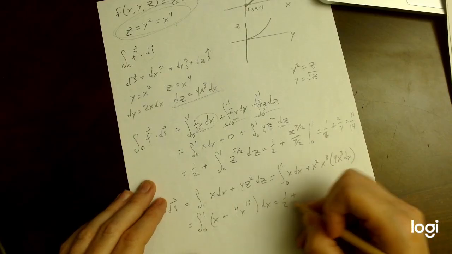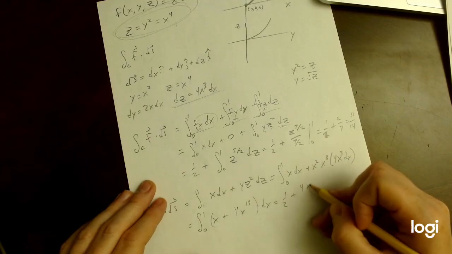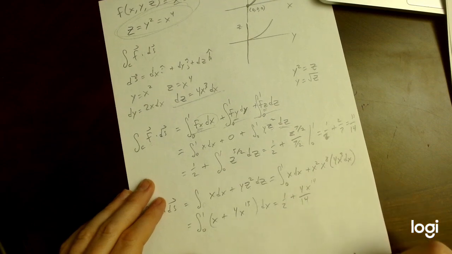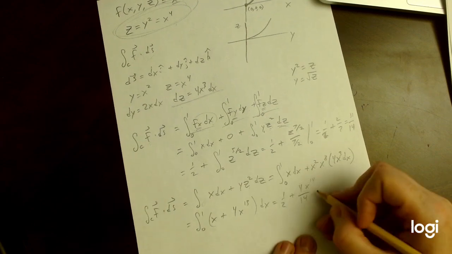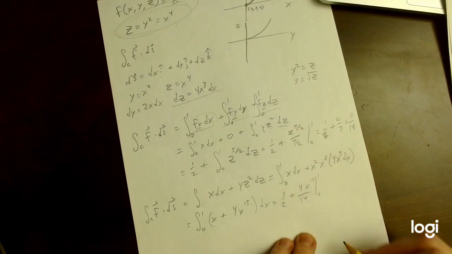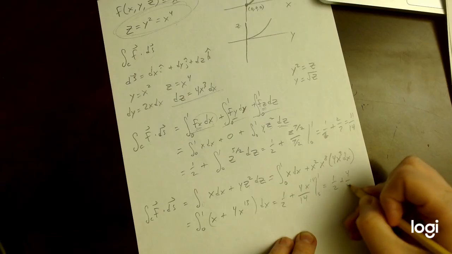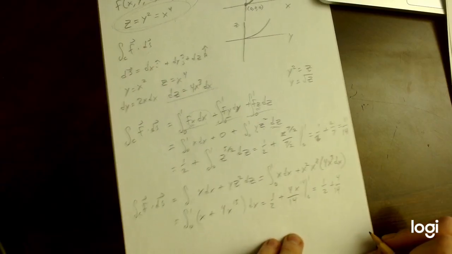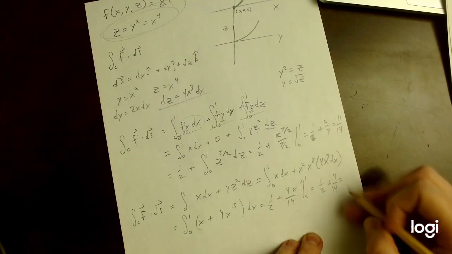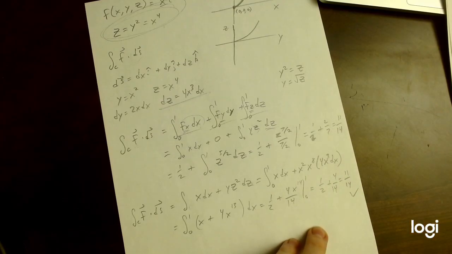And then added to that, I'm going to get 4 times x to the 14th over 14, evaluated from 0 to 1, where the x will just give me 1. So this will be 1/2 plus 4/14, which again is the same as 1/2 plus 2/7, which will again give me 11/14, and that checks out.